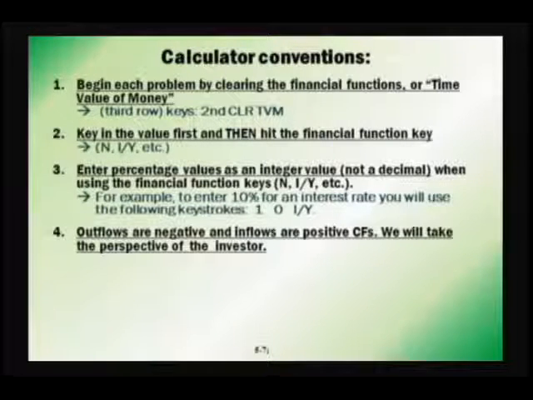You will see some situations where we talk about positive numbers and negative numbers. Anything that is a cash outflow, if it comes out of my pocket, it's a negative thing. If it comes to me, that's a very positive thing. So cash inflows are positive, cash outflows will be entered as a negative number.